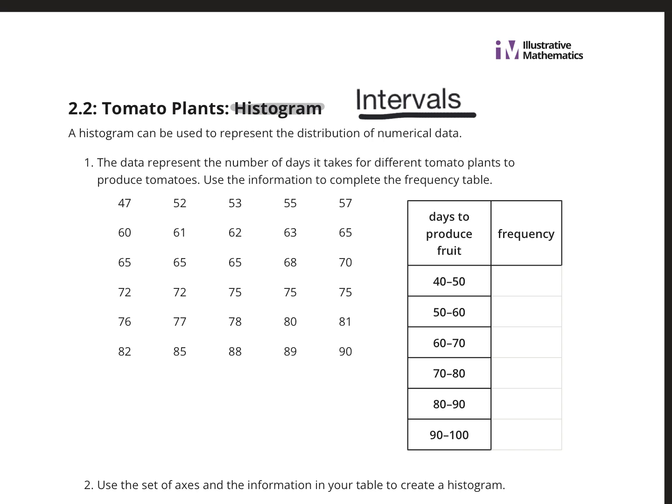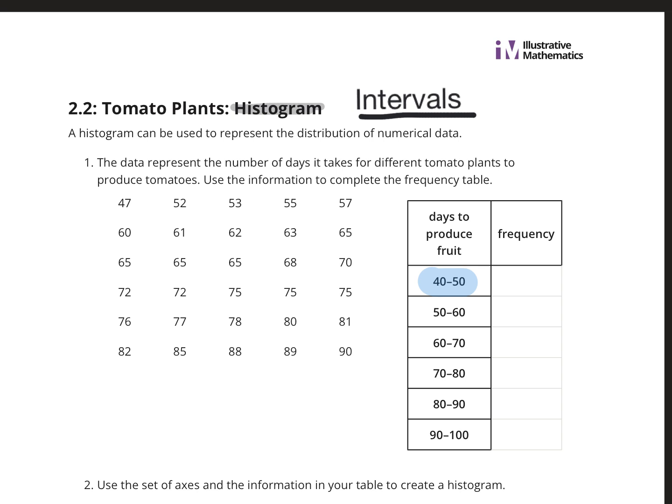Now would be the time for you to grab a blue highlighter, which you hopefully have nearby. I'm going to look in my first interval. My first interval means I'm looking for numbers that fall between 40 and 50.